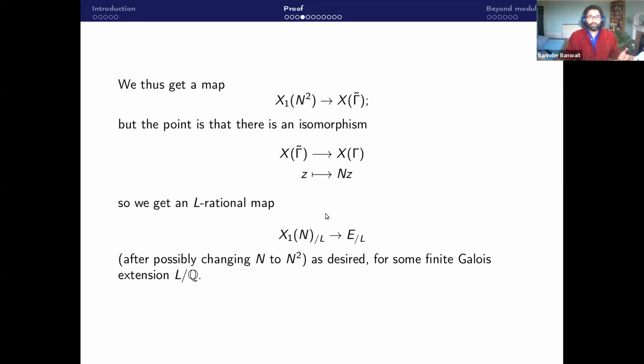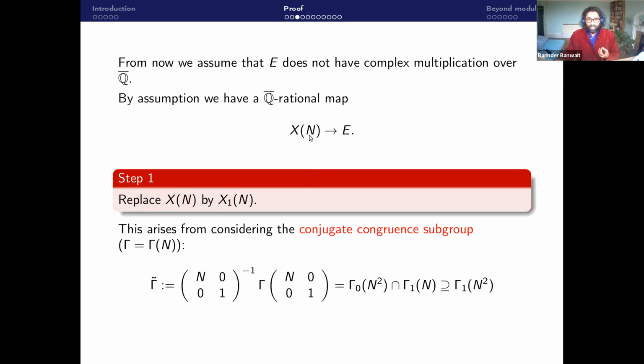And in particular, by doing this, we replace this X of n by possibly X1 of n squared. We say possibly because it could already be that X of n to E factors through X1 of n. Indeed, since we now know this is all true, that's going to happen.